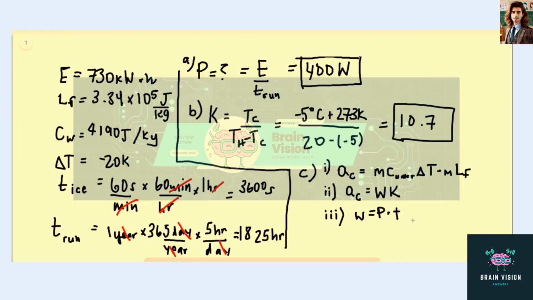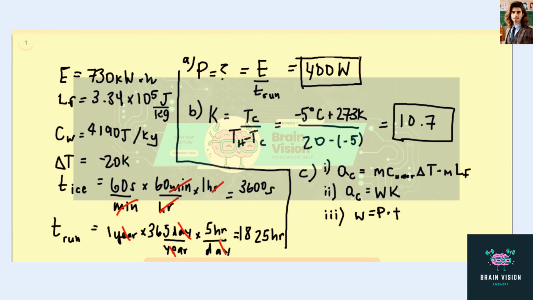They're concerned about making this in an hour. So we want to get how much time is in an hour, and these are all in SI units. So I converted 1 hour into seconds. And then I might as well talk a little bit about T run. I forgot to talk about this.